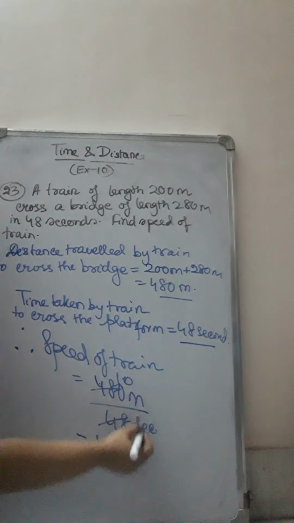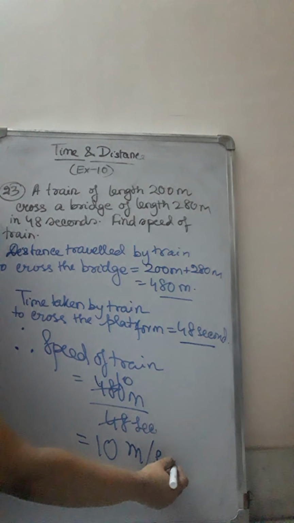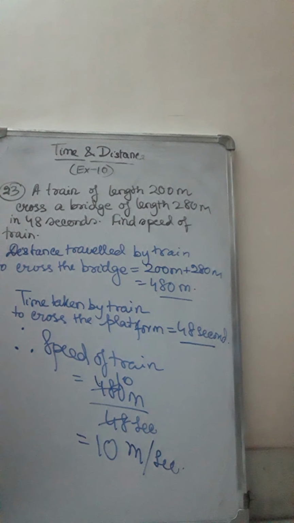Meter by second is written as meter per second. So the speed of the train with which it was travelling is 10 meters per second, and we have got the answer. Now students, you will be practicing these types of questions, especially the ones which are already done in the video and discussed during the online classes.